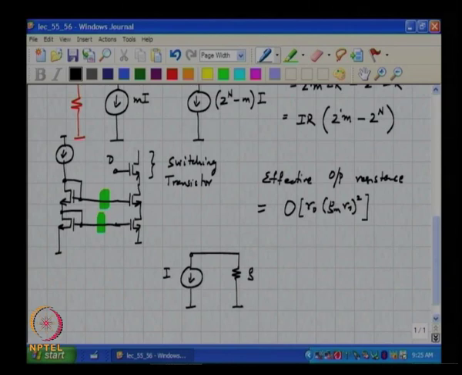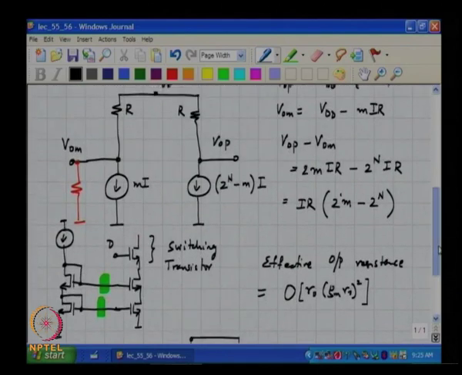This G is of the form 1 by some gm Rho square times Rho in this particular example. Okay. So, if you have m current sources coming together, the output conductance will be m times G, and you have 2 to the n minus m current sources coming together, you will have 2 to the n minus m times G. Right.